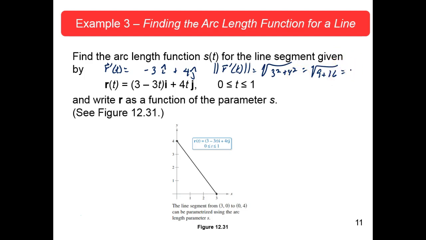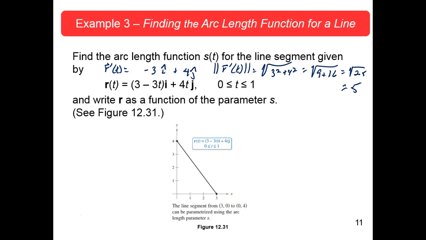Doing it on your calculator, 25. The square root of 25 is 5. So the magnitude of that is just 5. And sure enough, 3 squared plus 4 squared is 5 squared. You get a 3, 4, 5 triangle. So that's fine.